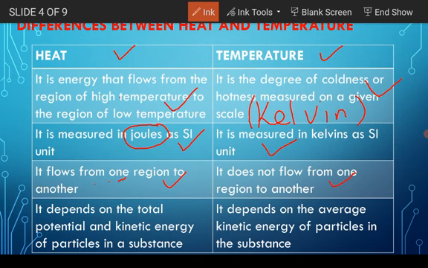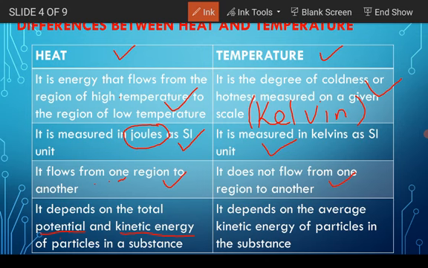Another difference has to do with energy again. Heat energy depends on both potential energy and kinetic energy. Remember, potential energy refers to the energy due to the relative positions of the particles in that particular substance.